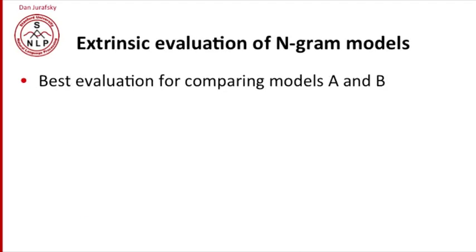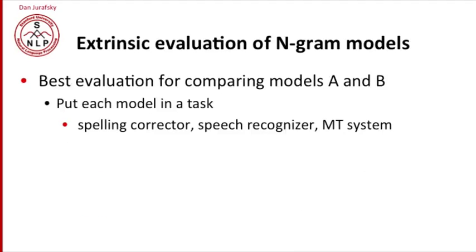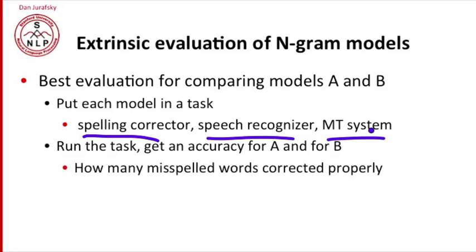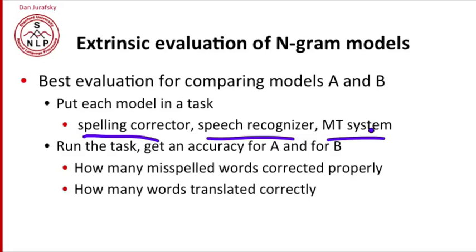The best way of comparing any two models, two language models A and B, is to put each model in a task. So we're going to build our spelling corrector or speech recognizer or MT system, whatever our application is that uses language models. We'll put our language model in there, and now we'll run our task, and we'll get some accuracy for the system running with model A, the system running with model B. Perhaps that's how many misspelled words are corrected properly if we're doing spelling correction, or how many words are translated correctly if we're doing translation.